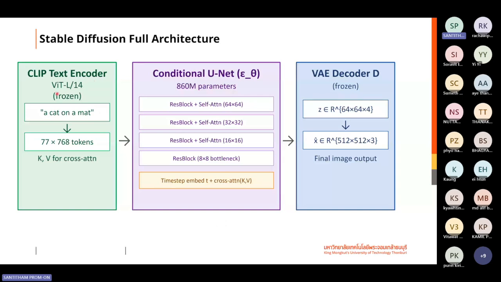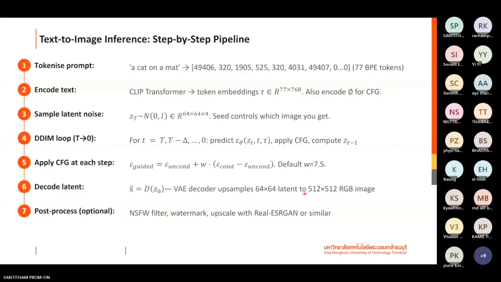You have a CLIP text encoder, which encodes the text to the embedding and the tokens. This is then injected into your UNet, and you have a decoder to put it out. The inferencing goes step by step, starting by tokenizing the prompt.